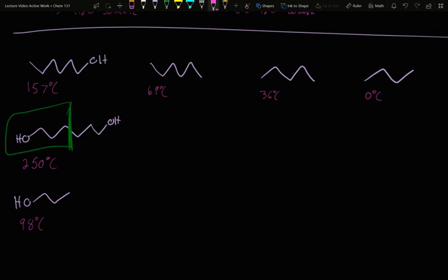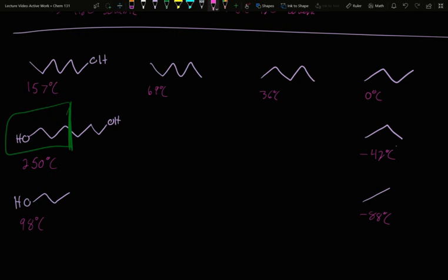And so what we see is that even on a short carbon chain, adding that OH group significantly increases our boiling point. If we were to compare propane, what we find is that propane is negative 42 degrees Celsius. I want to take it a little further. Ethane is negative 88 degrees Celsius.